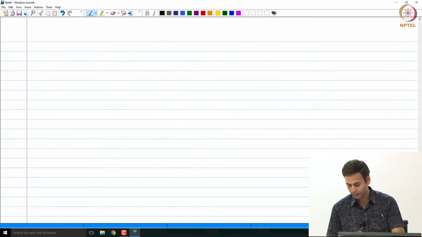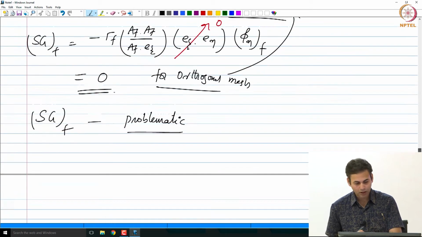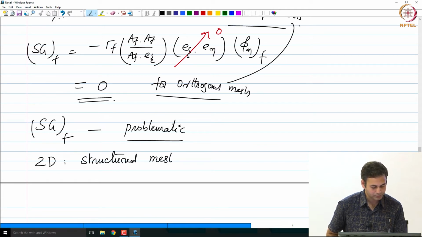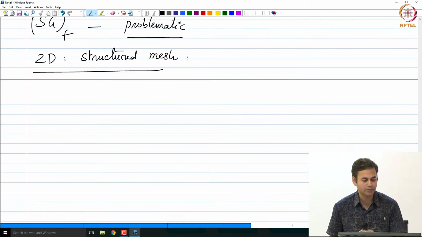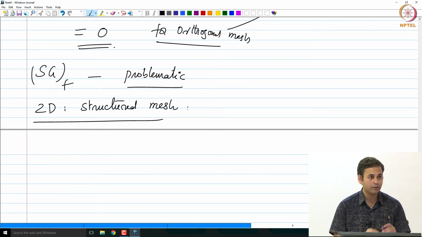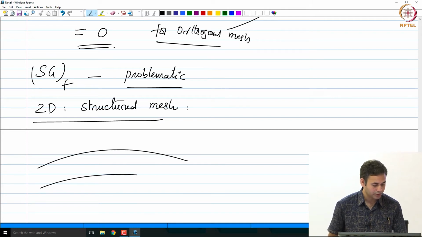Let us say we have a 2D structured mesh. That means we are talking about a two dimensional curvilinear mesh, which could be something like this.